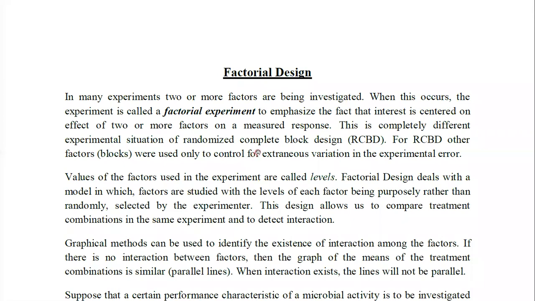And when we go to the Latin square design, we were able to use three factors: the treatment, the row factor and the column factor. But in that situation, we were not able to identify any interaction.